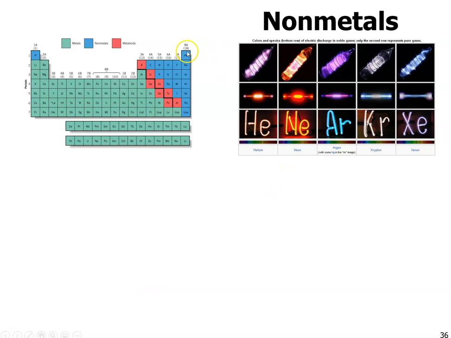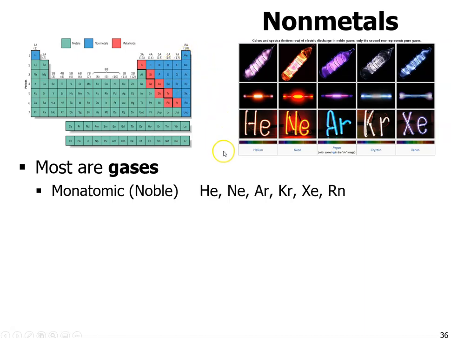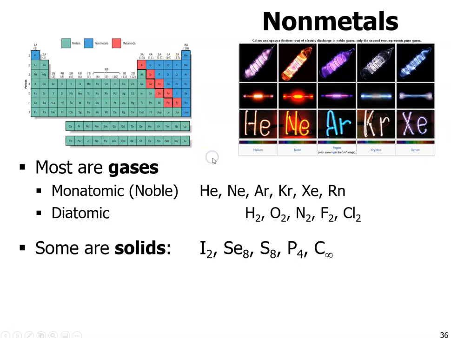Some of the non-metals over here on the right, we have different compounds, and most of them are gases under standard conditions. The monatomic noble gases, these are gases. Some of them are diatomic here on the right side of the periodic table, but over here, not the noble gases.